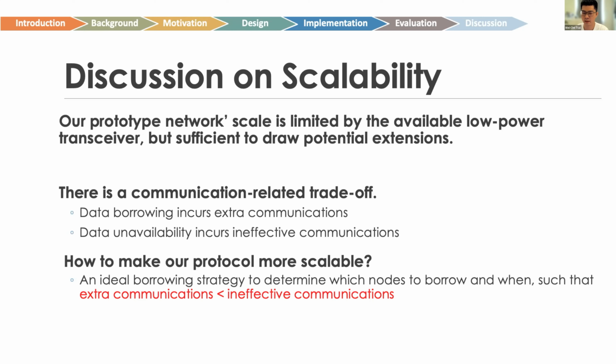For example, we can adopt a better strategy to determine when to borrow. If the device is going to run out of power really soon, then it may not be able to run even if it got the borrowed data. So it won't borrow data if it's going out of power really soon. Or another strategy can be only borrowing the data from nearby nodes so as to reduce the communication costs.